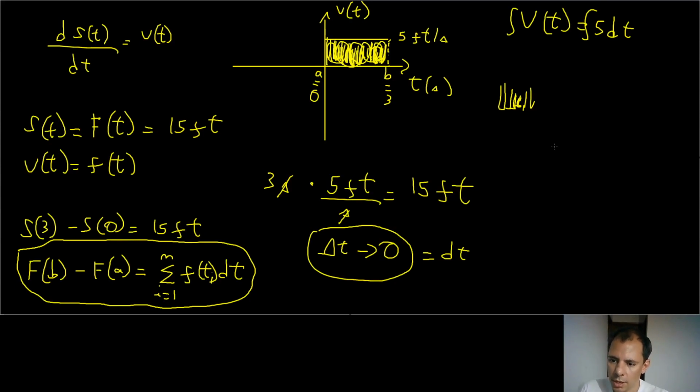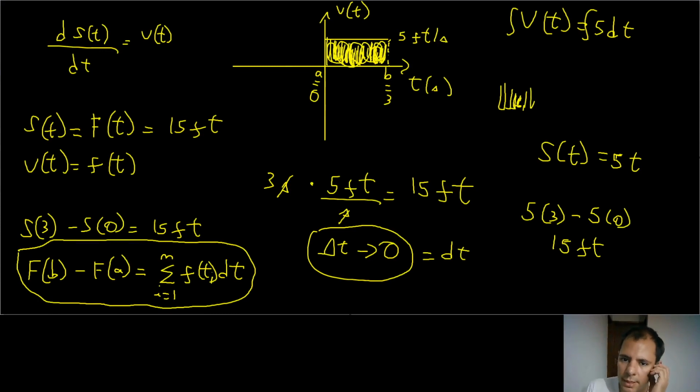So what do you have? You're going to have the space function, which equals 5t. Now you get this t at 3, so it's going to be 5 times 3 minus 5 times 0. You get that 15 feet that you were looking for.